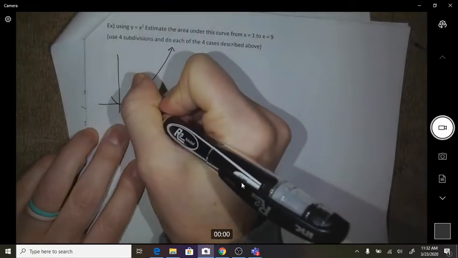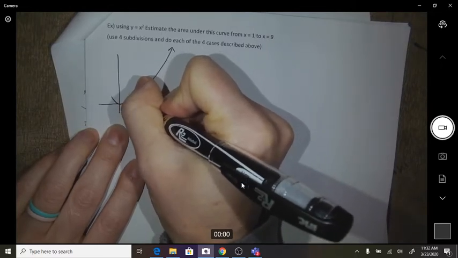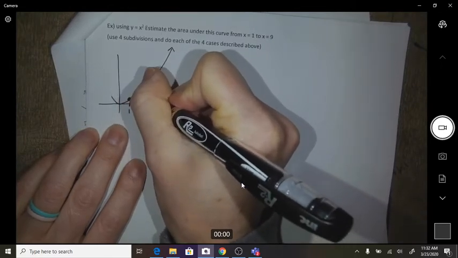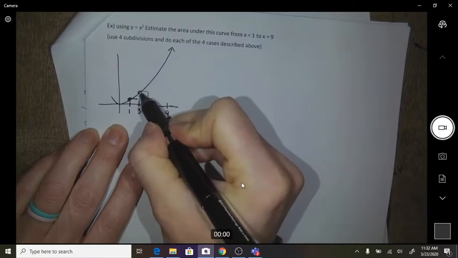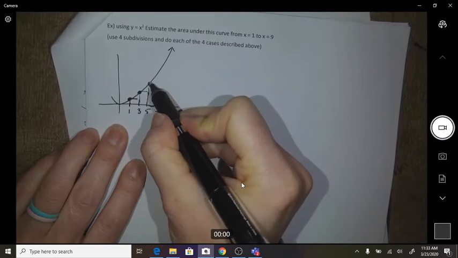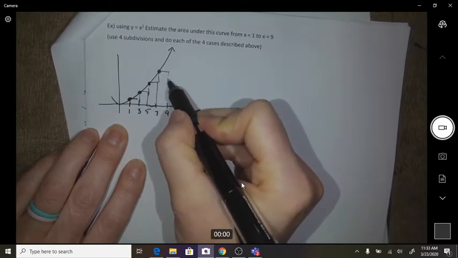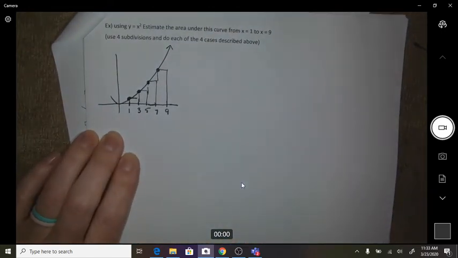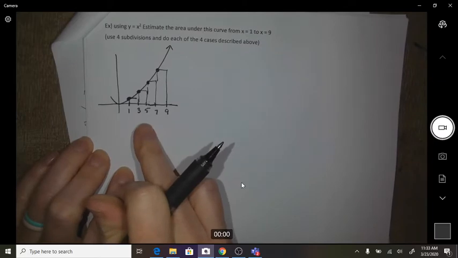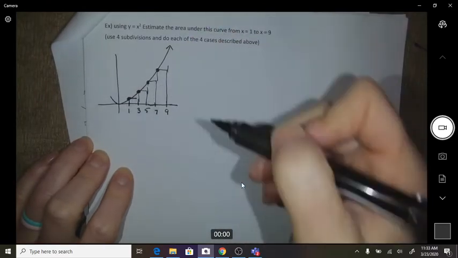If I want to use rectangles from the left-hand side, then it would look like this. Okay, so that would be areas from the left side. You can see that that's a low estimation, right? Because you can see the empty gaps.